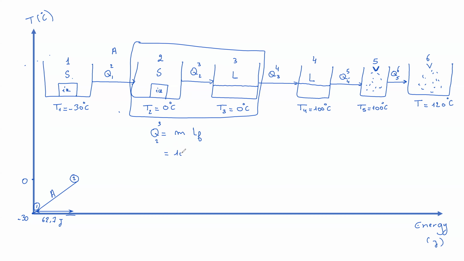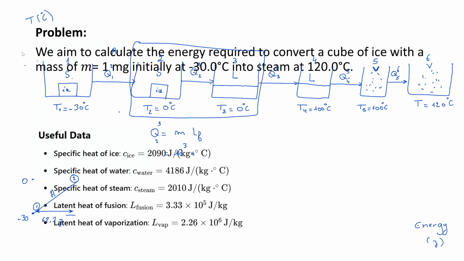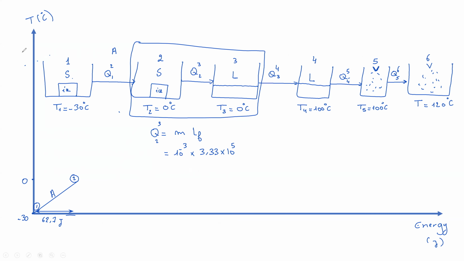M doesn't change, equals to 10 power minus 3 times LF, latent heat of fusion, which is equal to 3.33 times 10 power 5. Okay, we calculate, we have 333 joule. This is the energy required to pass from the state 2 to the state 3.